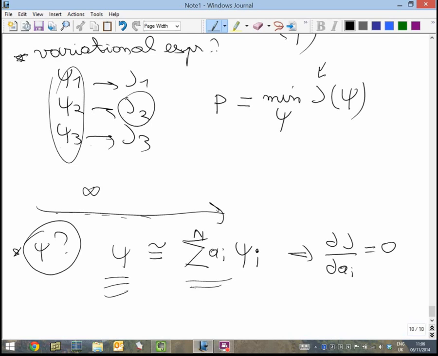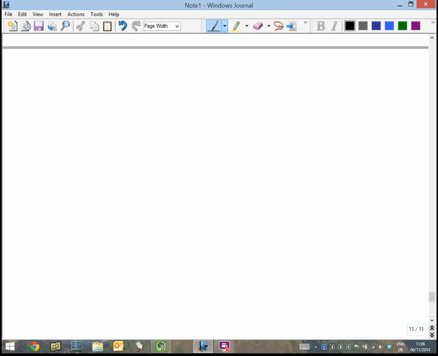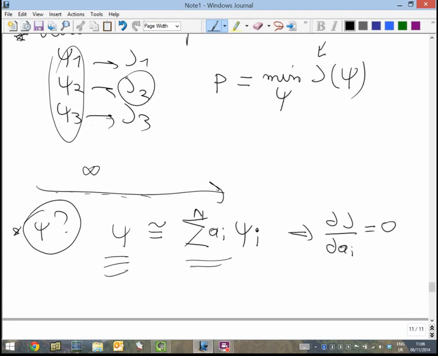But actually, what we do by the Rayleigh-Ritz method, okay, we started out from a J which operates upon a function, and the unknown in this case was the function, infinite degrees of freedom. What we've done now is we have a J which still operates upon a function, but a function which is described by a certain number of parameters. And the parameters here in this case is a finite set, so no longer infinite.